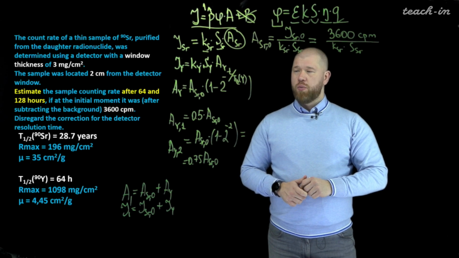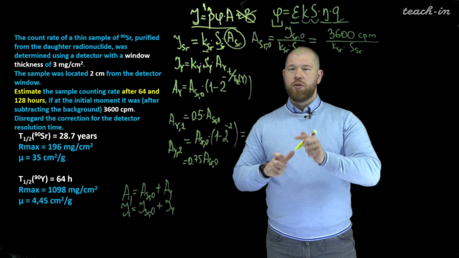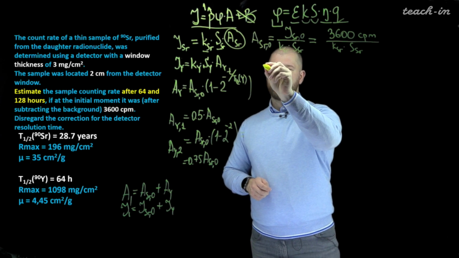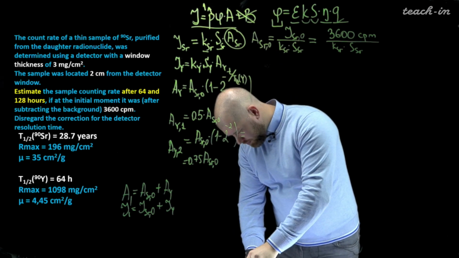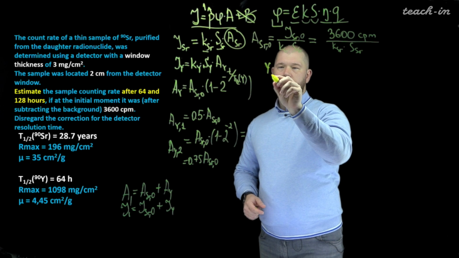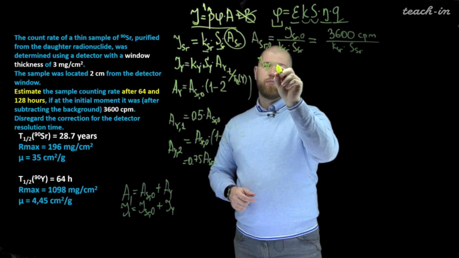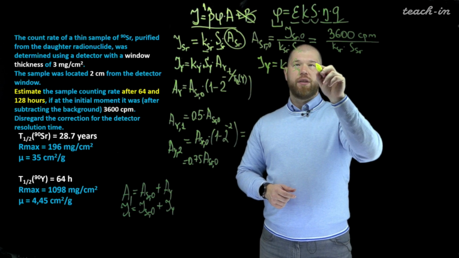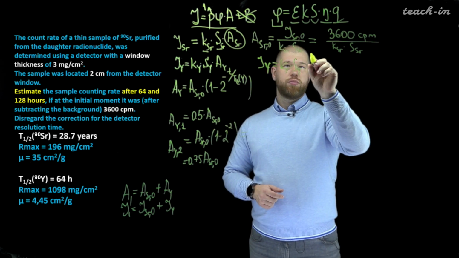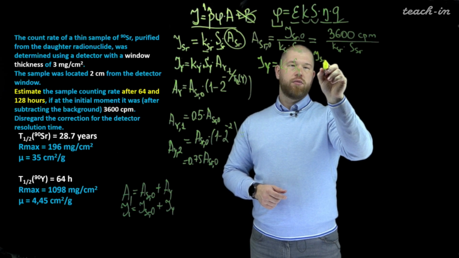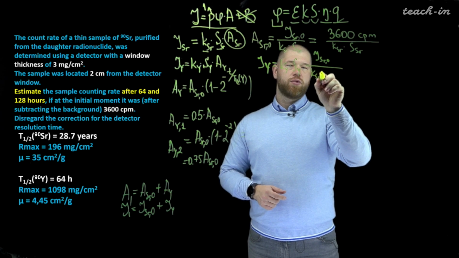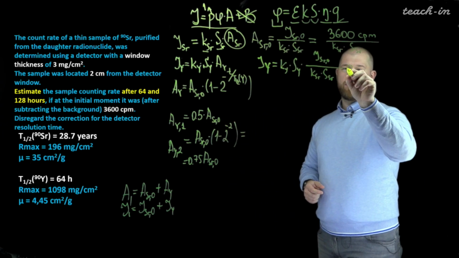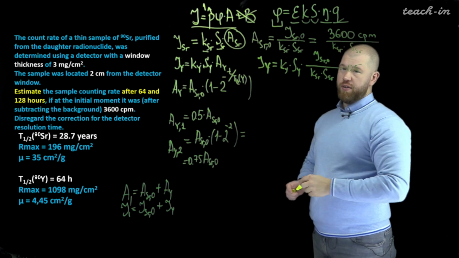So, now we can express the count rate of yttrium as the coefficients for yttrium multiplied by the strontium count rate, divided by the coefficients for strontium, and multiplied either by 0.5 or by 0.75.